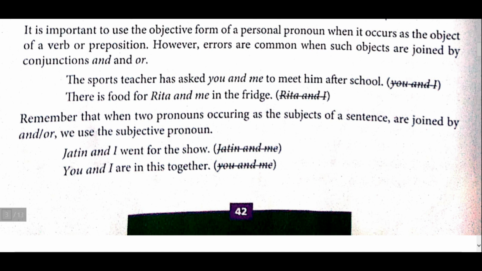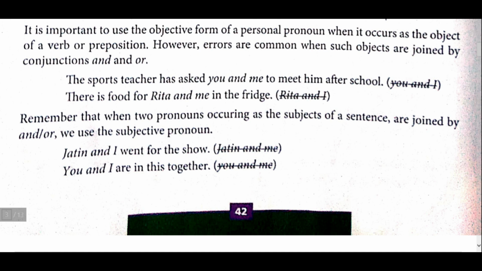Remember that when two pronouns occurring as the subject of the sentence are joined by and or, we use the subjective pronouns. So here, Jatin and I, both are coming in the subjective case. So you will be using I. Here in the above one, it was in the objective case.